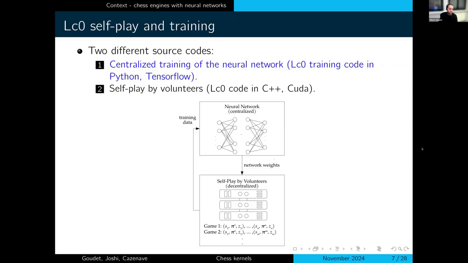It enables the neural networks to be trained from the games played by Leela Chess Zero against itself. The other part of the code is used to play games with the complete algorithm. It is implemented in C++ with low-level code in CUDA for the neural network. But for this paper, we only work on the first part of the code, which corresponds to the neural network training step.